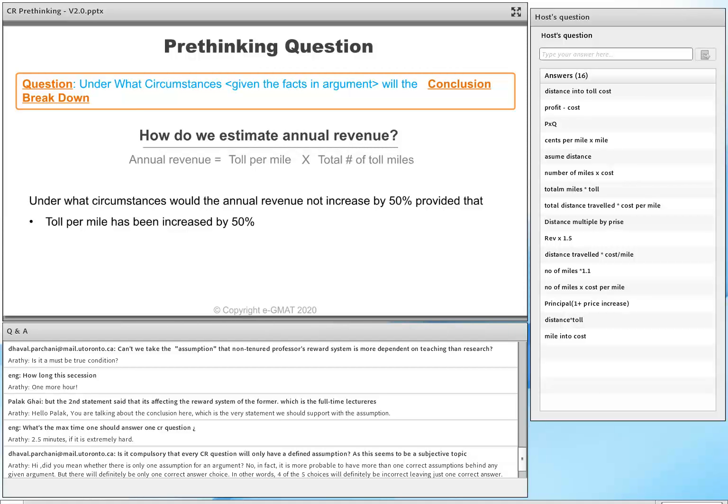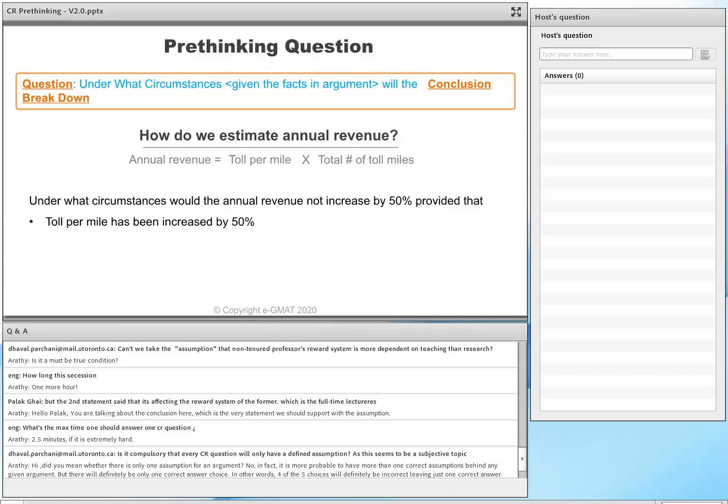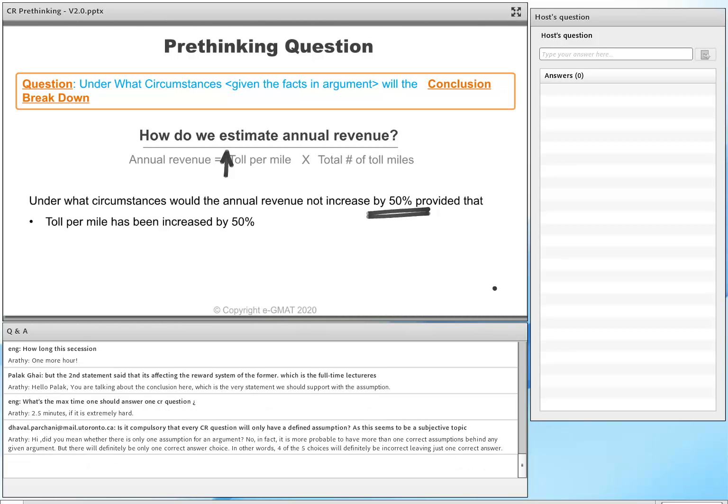Okay. So what do we know from the argument? We're going to increase that toll per mile by 50%. That's something that's given to us. So we ask the same falsification question. Under what circumstances would the annual revenue not increase by 50%, provided that we know that toll per mile has increased by 50%?